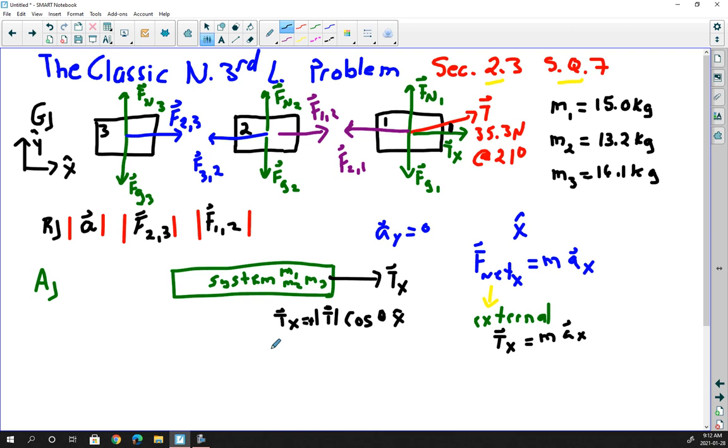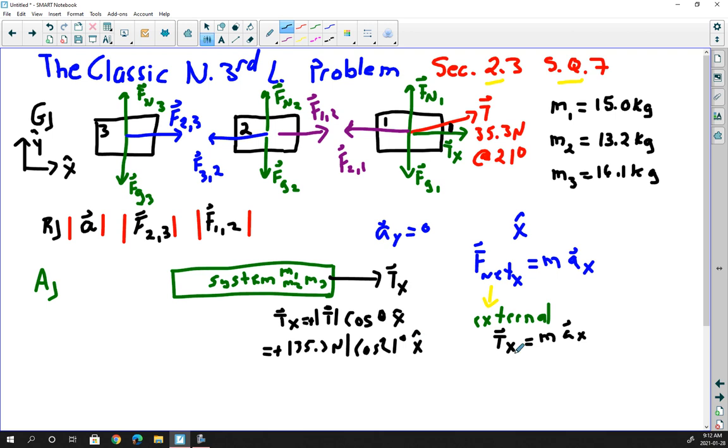So this would equal positive 35.3 newtons, right, times the cosine of 21 degrees x hat. That's what that would be.